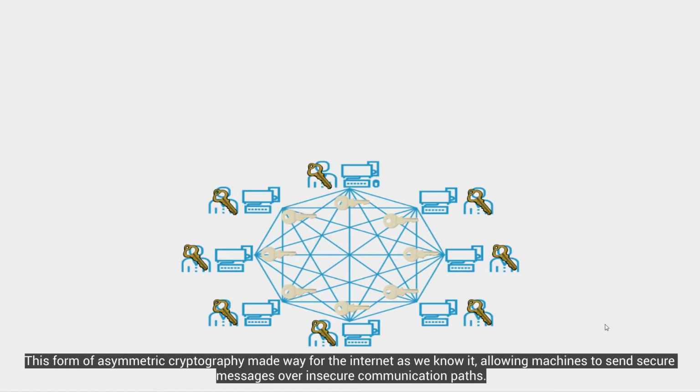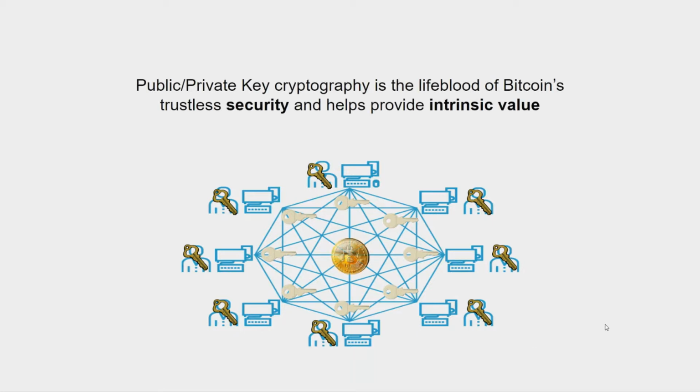This form of asymmetric cryptography made way for the internet as we know it, allowing machines to send secure messages over insecure communication paths. For Bitcoin, a decentralized currency for transactions between strangers, public and private key cryptography is the lifeblood of the cryptocurrency's trustless security and intrinsic value.